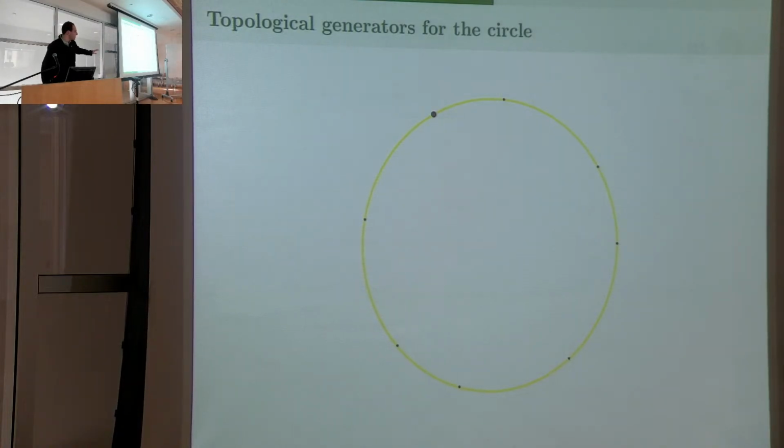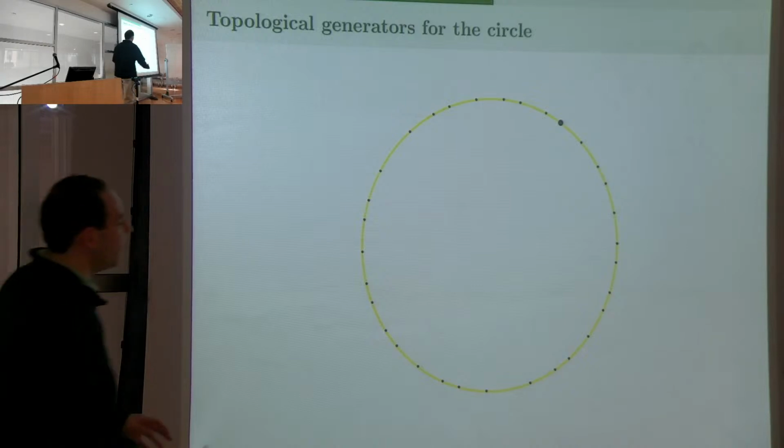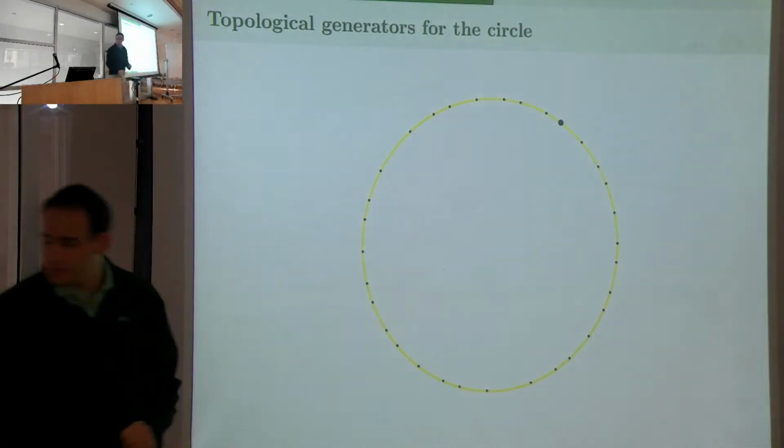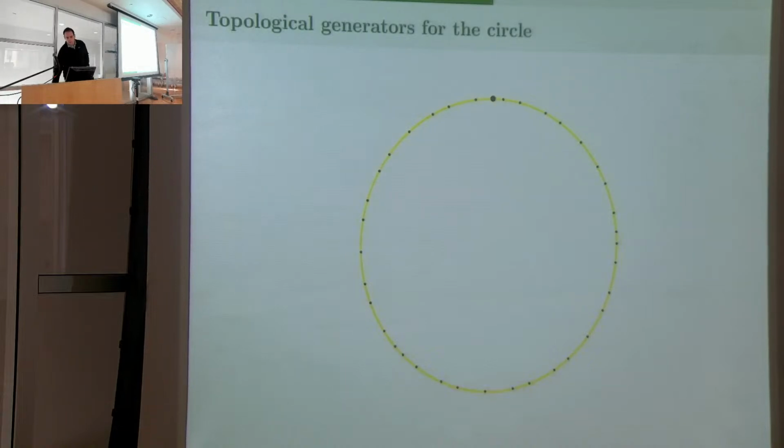So hopefully this works. So maybe I'll start from the beginning. Hopefully that had the right effect. So what is happening is we're taking all these multiples and we're filling out the circle. So keep going.